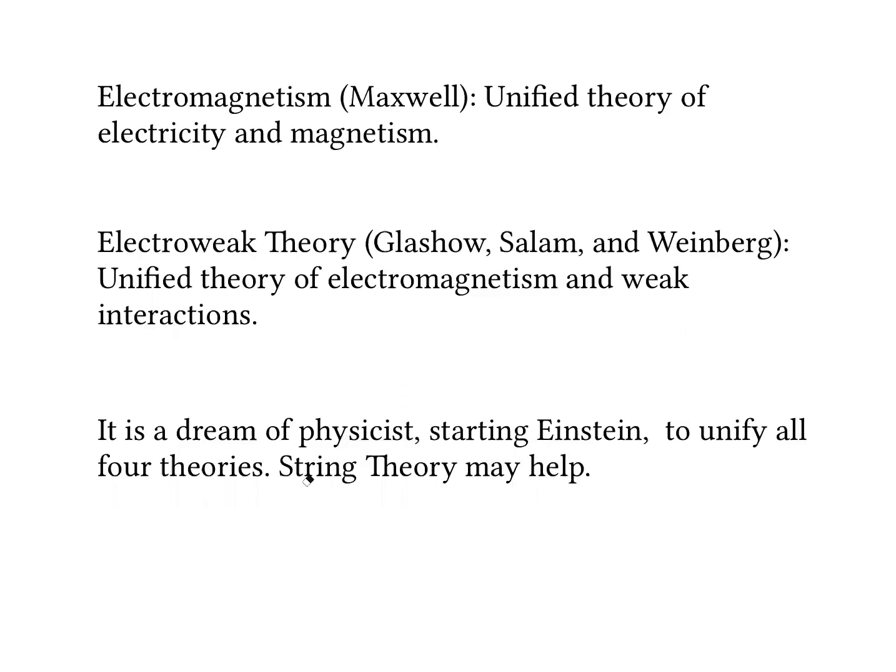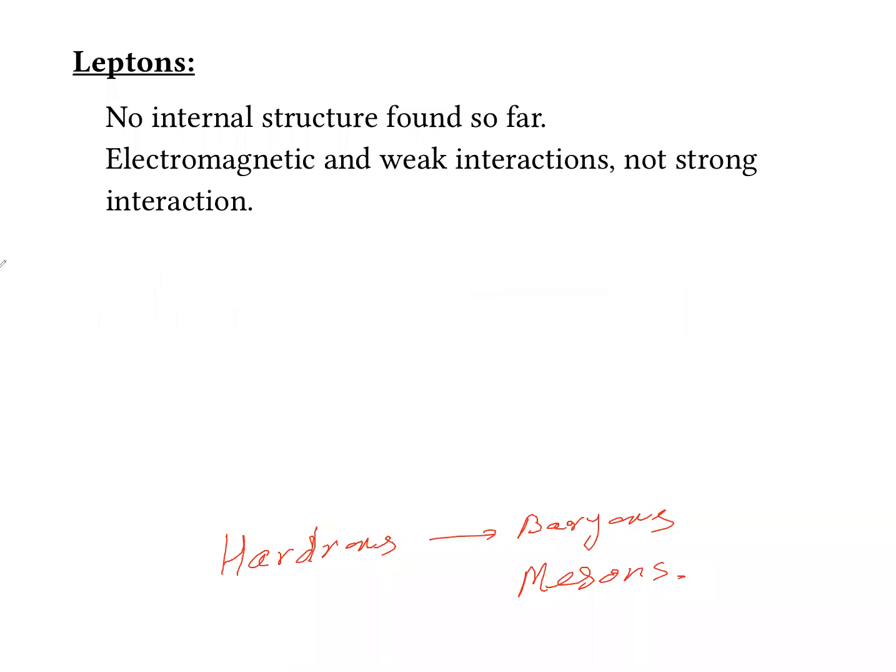Now, so far we saw the hadrons, which are the baryons and the mesons. And there is another kind of particle called leptons.